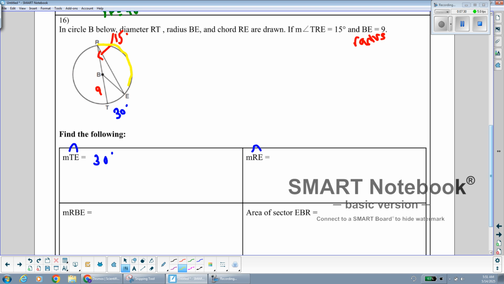From R to T is 180 degrees, because B is the center. It does say circle B, and RT is the diameter. It does say that. So 180 minus 30, that is 150 degrees for arc RE.